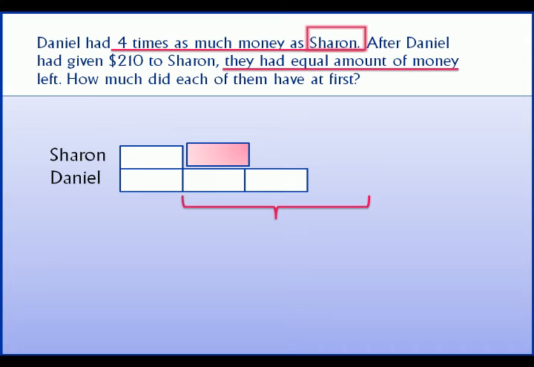So just now he had given 1 unit to Sharon. Now the left is 1 unit, so he has to give half of it to Sharon so that they have an equal amount of money left.